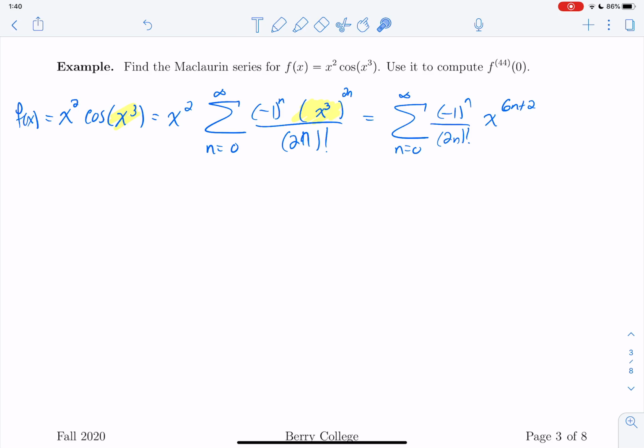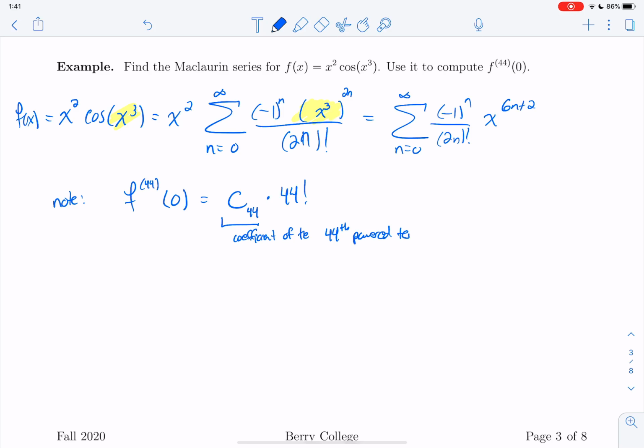The fact that we're looking for the 44th derivative evaluated at 0 means the Maclaurin series is useful. Because what we'll note is that the Taylor coefficients tell me that the 44th derivative of f evaluated at 0 must be equal to c sub 44 times 44 factorial, where again, like we did in class, c sub 44 is the coefficient of the 44th powered term.